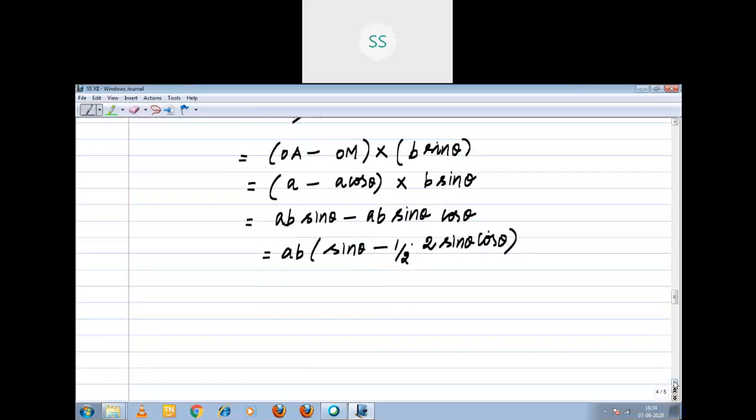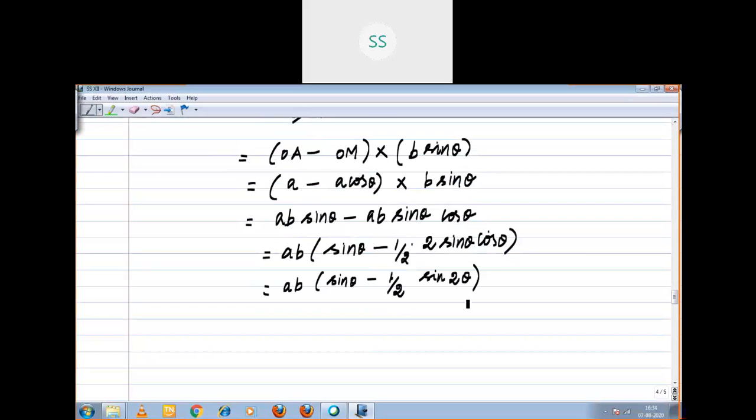So S equals ab times (sin theta minus 1 by 2 sin 2 theta).